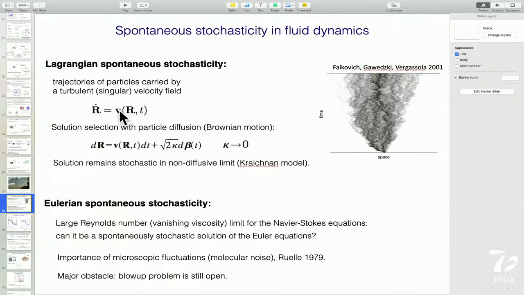You can really produce this velocity field and prove that whenever you put in a regularization and then take the regularization limit to 0, then the solution remains stochastic. Usually the regularization used is, for example, Brownian motion, a different form of regularization.